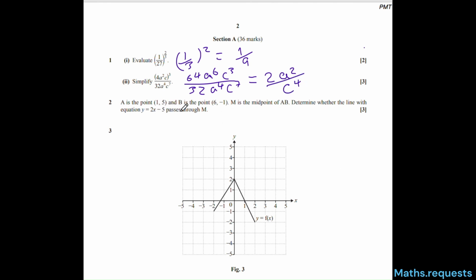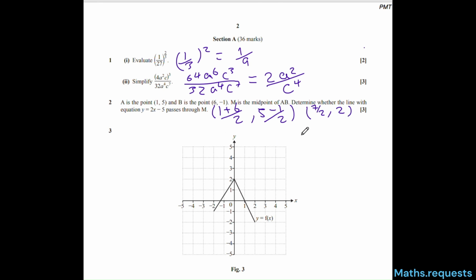A is at the point (1, 5) and B is at the point (6, -1). M is the midpoint of AB. Determine whether the line with equation y equals 2x minus 5 passes through M. So the midpoint, so that means point M is (1 plus 6) over 2, (5 minus 1) over 2. So the coordinates of M are 7 over 2, 2.